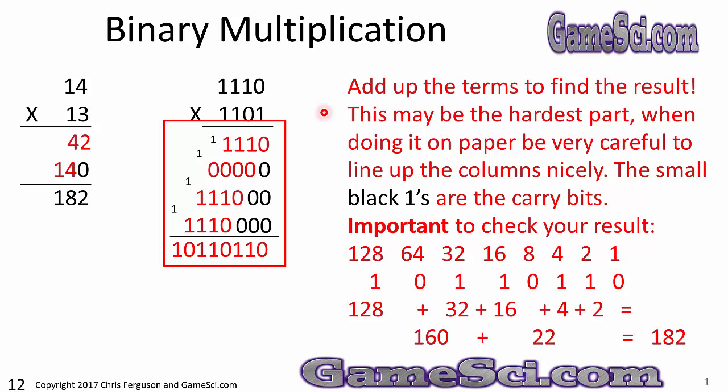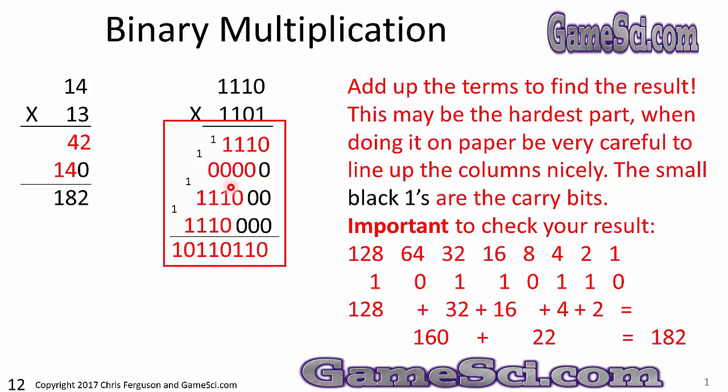This may be the hardest part of binary multiplication. When doing it on paper, be very careful to line up the columns nicely. The small black ones are the carry bits. There's all zeros in this column, so we'll put in a 0. There's a single 1 in this column, so we'll put a 1. There's a single 1 in this column, so we'll put a 1.